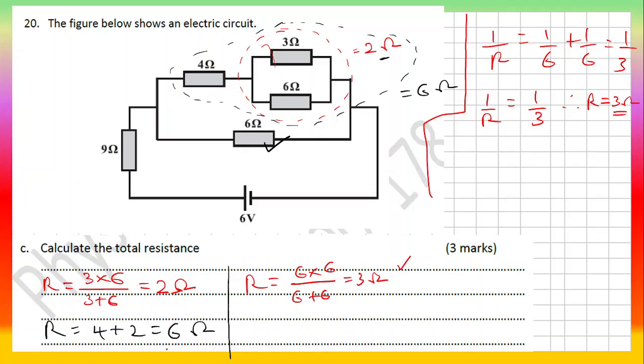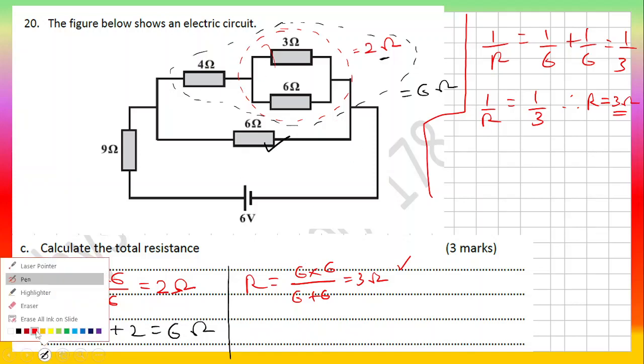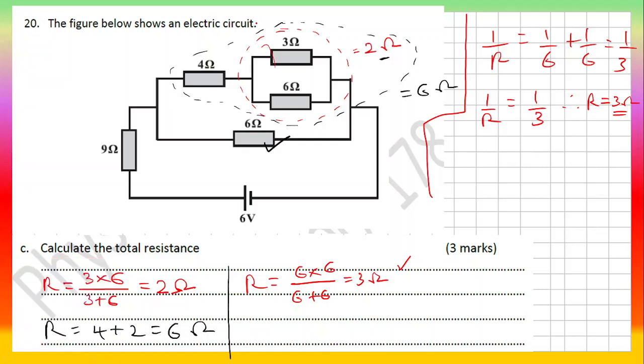Now from all this setup here, the upper part, from all this now we have 3 ohms.